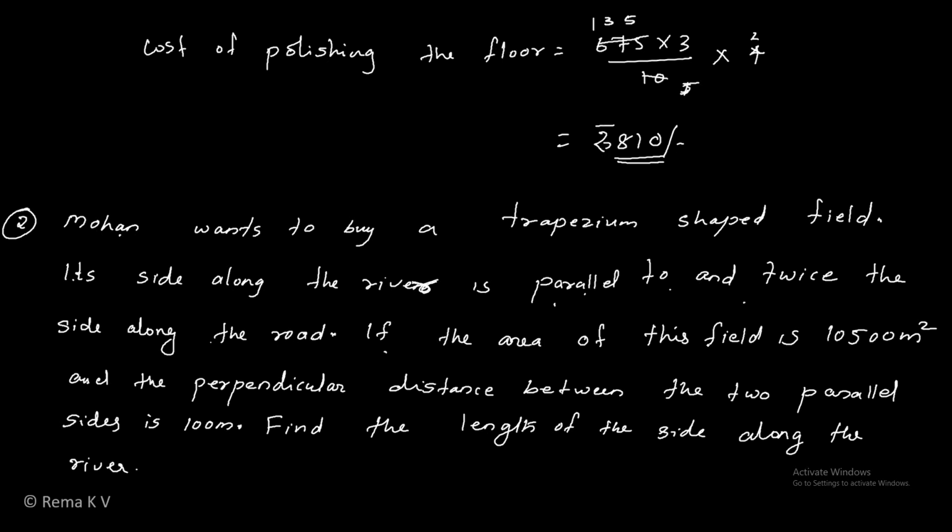If the area of this field is 10,500 meters square and the perpendicular distance between the two parallel sides is 100 meter, find the length of the side along the river.